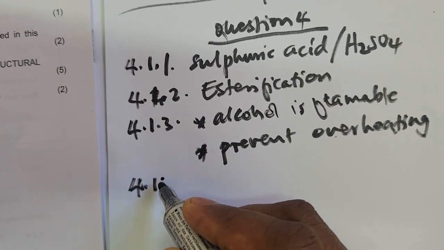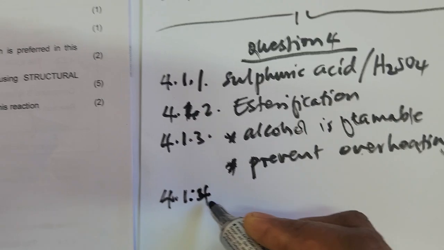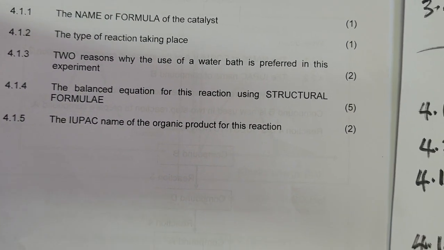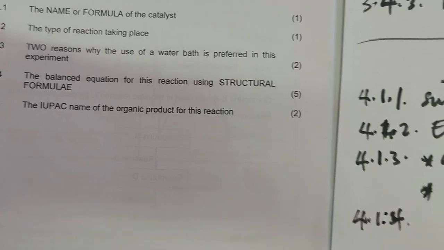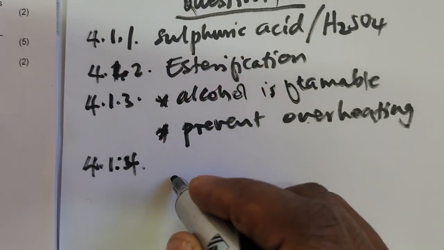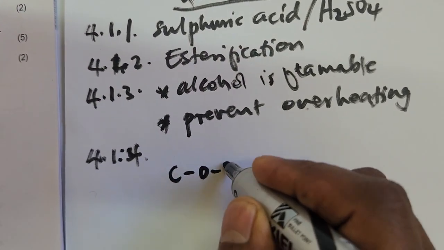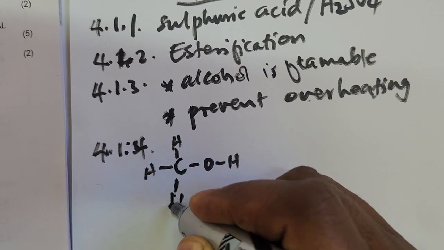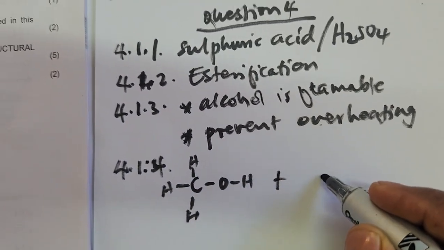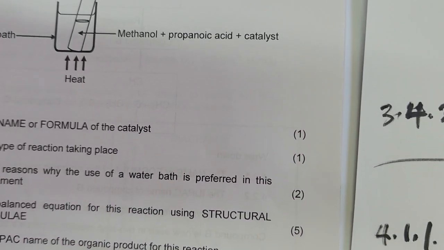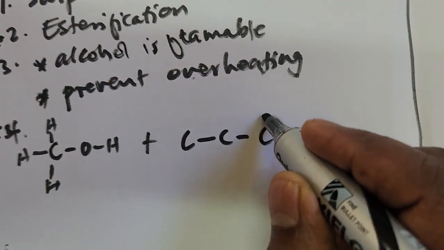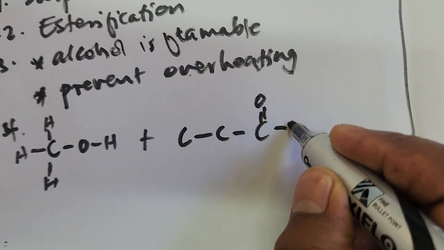Then 4.1.4, write down the balanced equation for this reaction using structural formulae. Must write methanol. Must write propanoic acid.